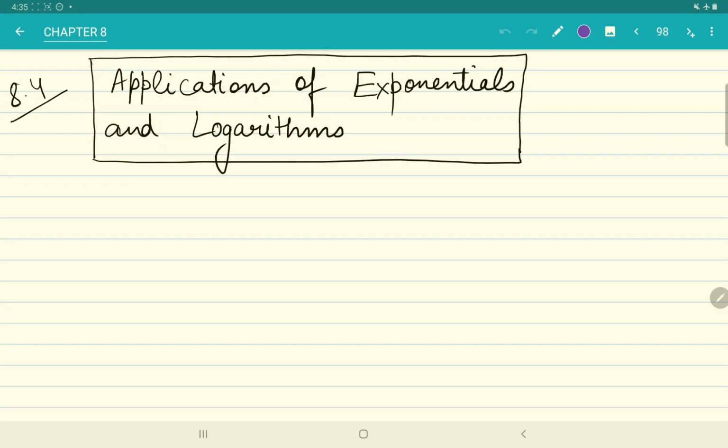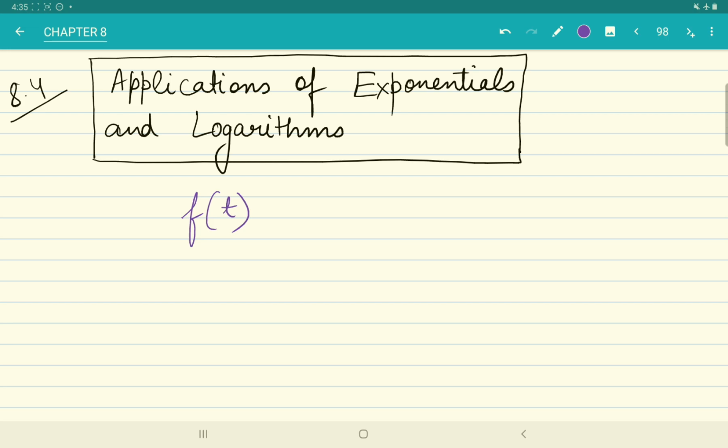I now take up section 8.4, applications of exponentials and logarithms. Here let us say I have f of t, and f of t denotes the stock of any quantity at time t. That quantity can be population, that quantity can be output, any quantity.